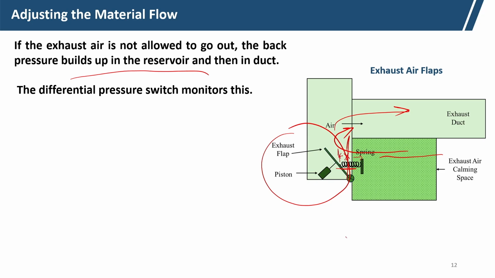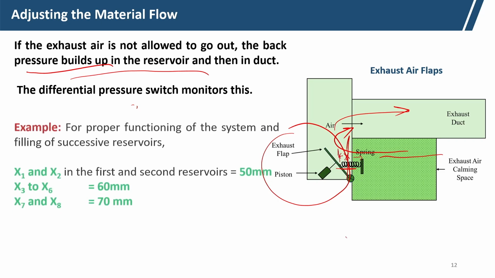The exhaust air has to go out, otherwise pressure builds up in that area, and the material flow will get disturbed. The differential pressure switch monitors this.